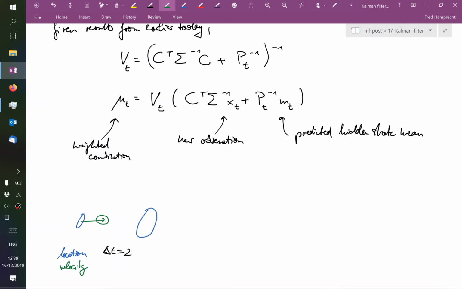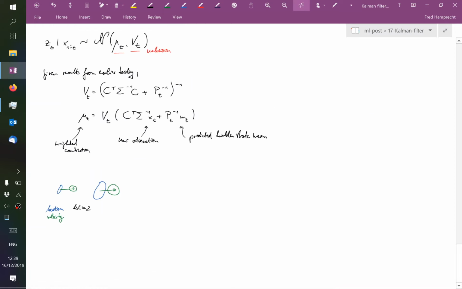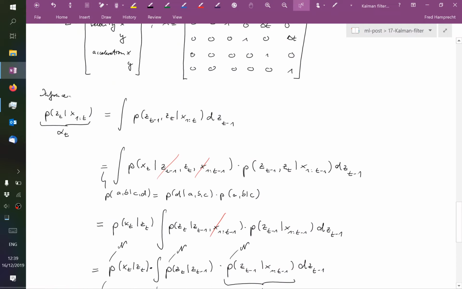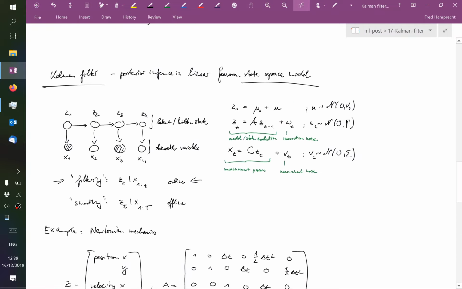And I also need a new uncertainty for my velocity, and let's say it looks like that. So again, these are single equicontours of a Gaussian. Now, why did the uncertainty in the velocity become bigger? I'm going back to the definition of the Kalman filter here.